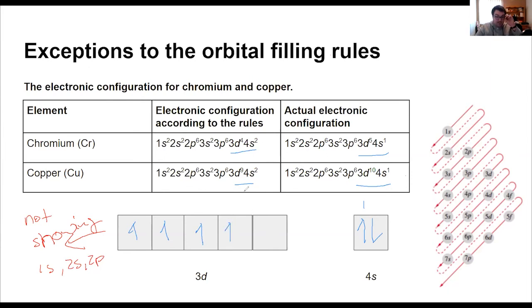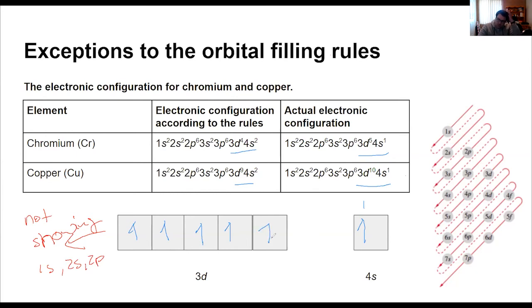Now, as it happens, atoms always try to find the lowest energy. Let me just get the eraser. What actually happens is, instead of having the 2 electrons in that orbital, an electron jumps out of the 4s orbital and goes across to the d block.